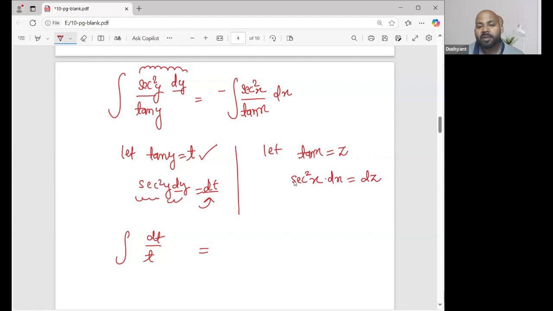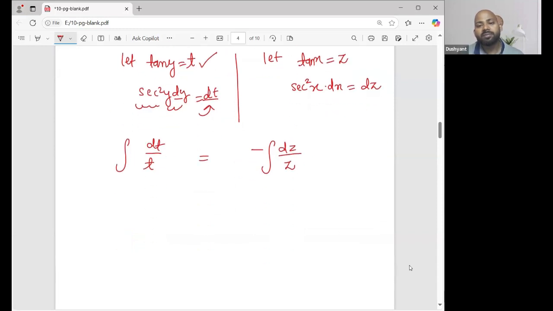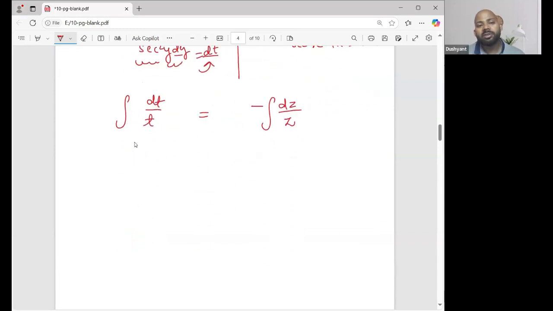So just replace here. We would get the integration of minus dz over z, as tan x was my z. So dt over t equals negative dz over z.